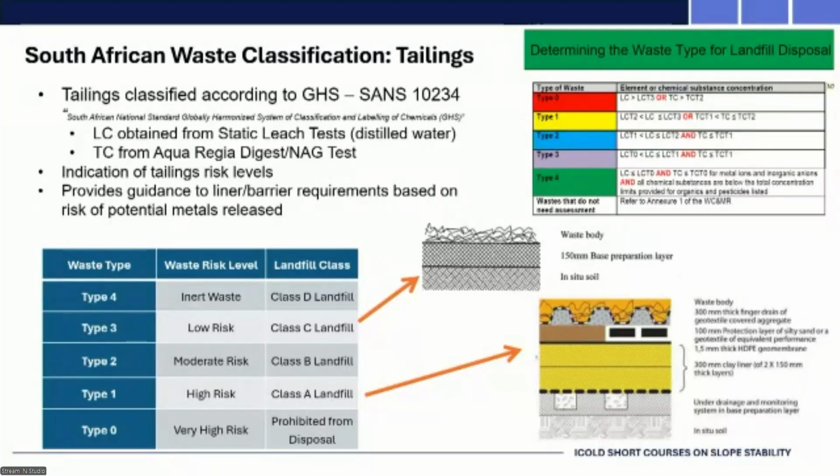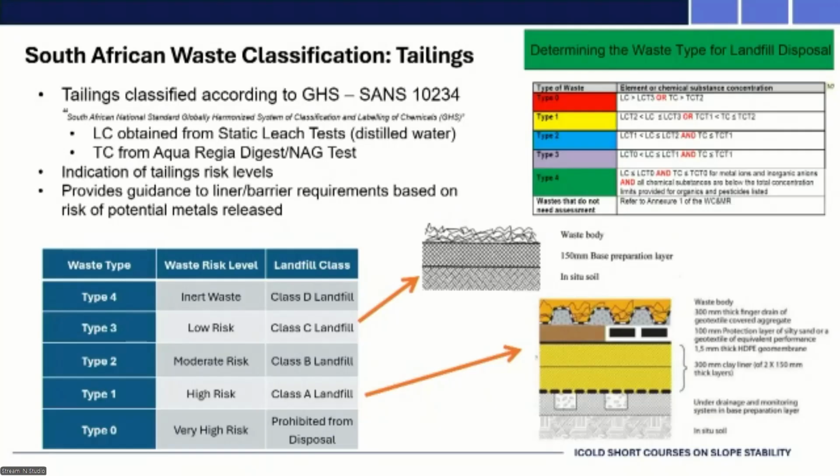So it's an international standard. Based on whether you fall into this category or that category, LC bigger than TC, it will guide you as to how risky the tailings is. And that's useful for any country. It gives you something to hang on to.